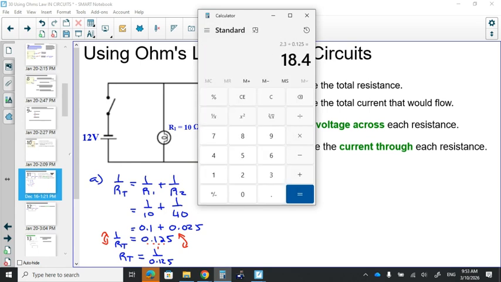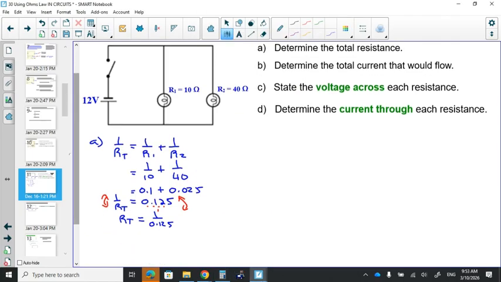I don't know if I said that right or not, but 18.4 ohms. Something's wrong there. I know what's wrong because it has to be less than 10.